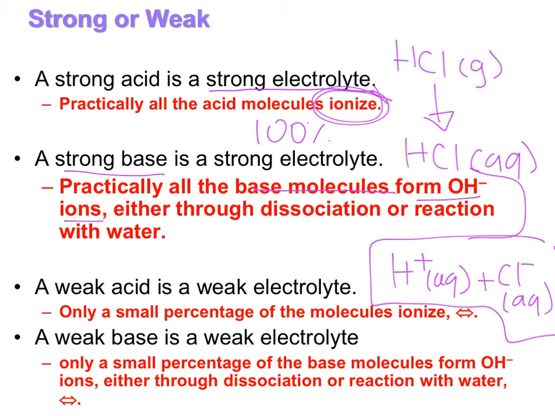In comparison, weak acids and weak bases do not completely ionize or dissociate the way that strong acids and strong bases do. So with weak acids and weak bases, only a small percentage either ionize for acids or dissociate for bases.